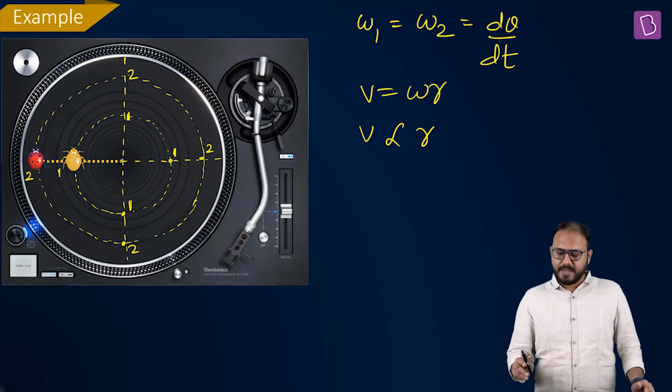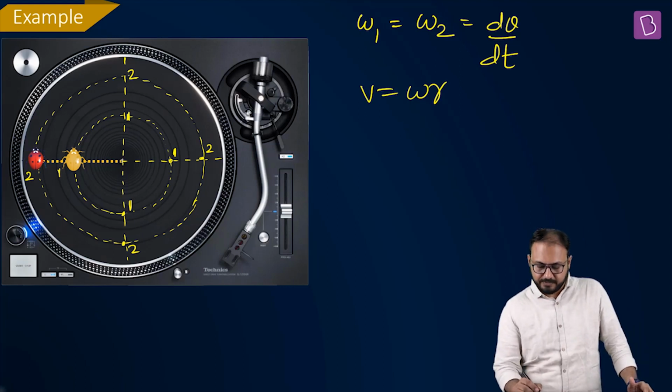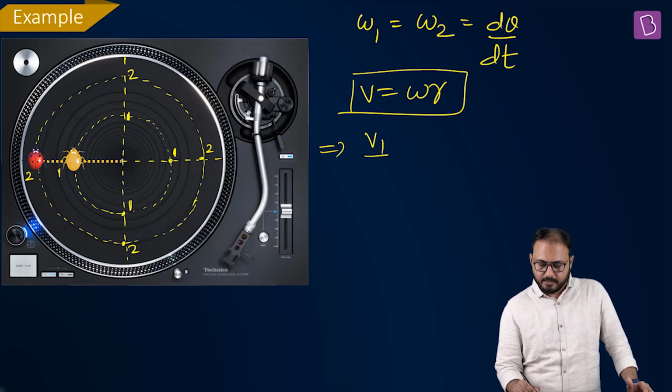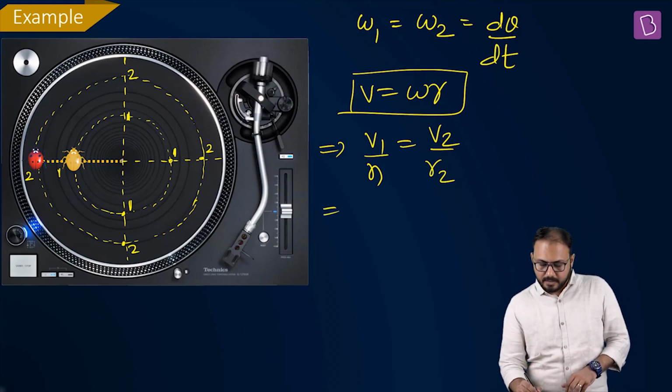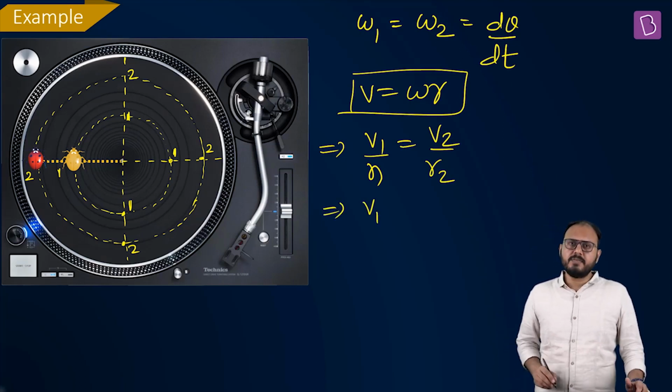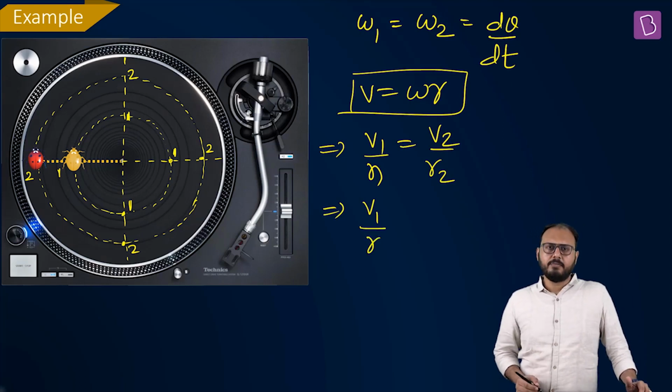So here, omega 1 is equal to omega 2 and V is equal to omega R. Perfect. We know this. That implies V1 by R1 is equal to V2 by R2. Agreed? For the yellow guy, V1 is V1, its own radius, R, which is 5 centimeter.